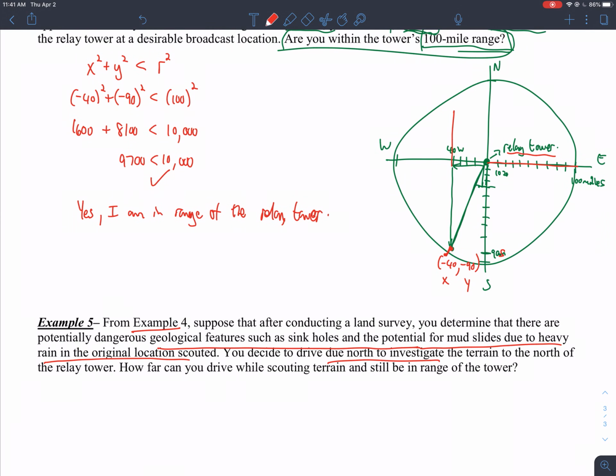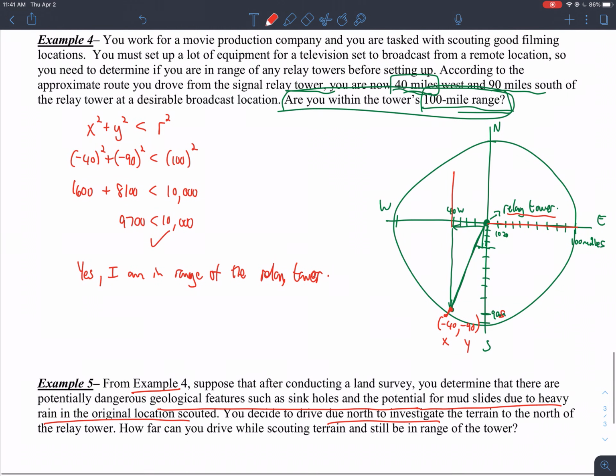How far can I drive while scouting terrain and still be in range of the tower? That's the question. How far can I drive all the way up here while still being in range?